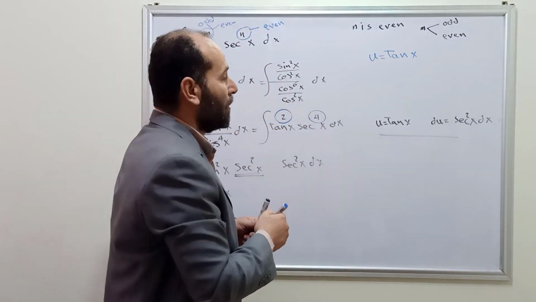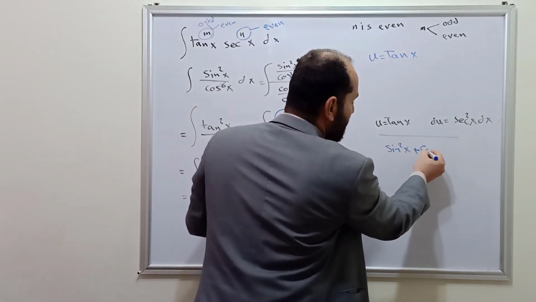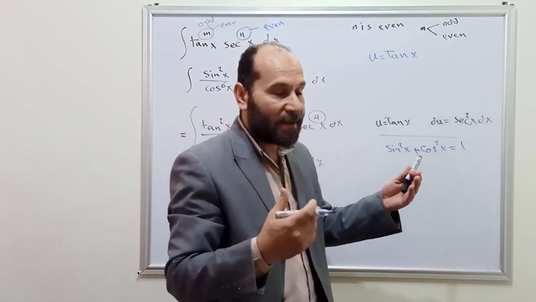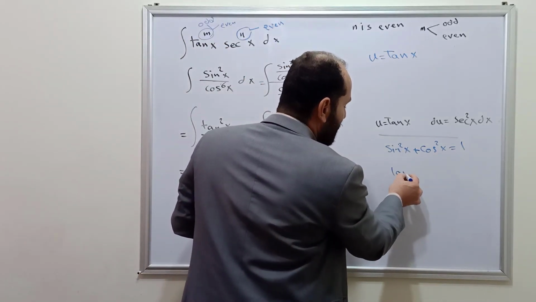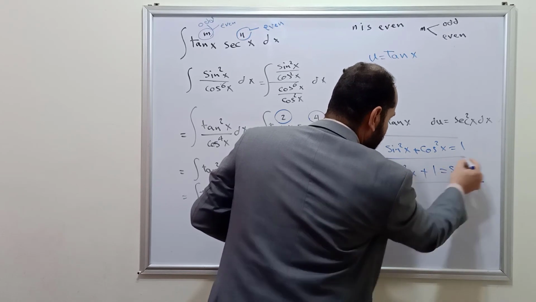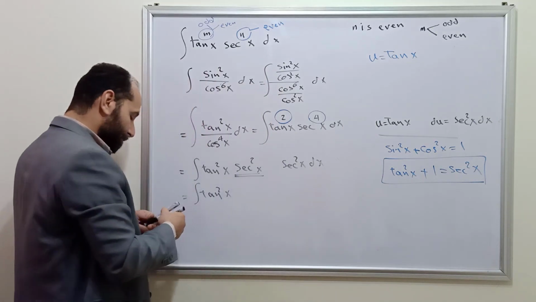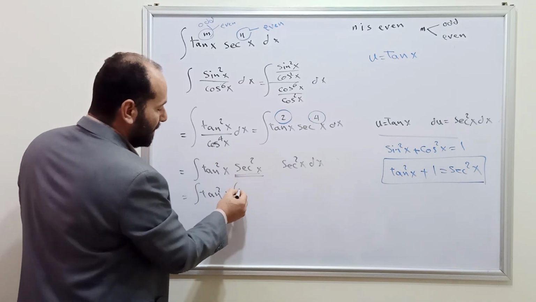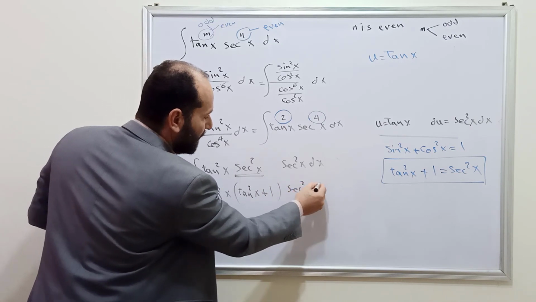Remember the identity sine squared x plus cosine squared x equals 1. If we divide both sides by cosine squared x, we get tan squared x plus 1 equals sec squared x. So we convert sec squared to tan squared: sec squared x equals tan squared x plus 1.